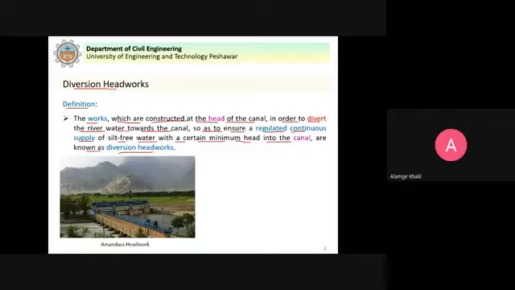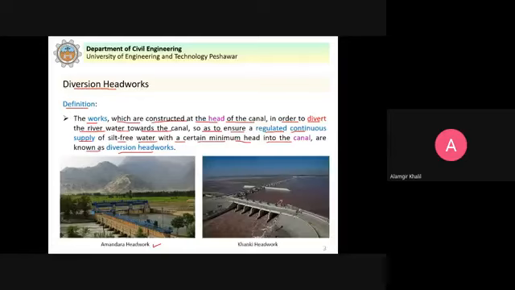This is an example of a Mandara headwork which is constructed on the Swat River, and this is the Khanki headwork, on the Chenab River. Clear?